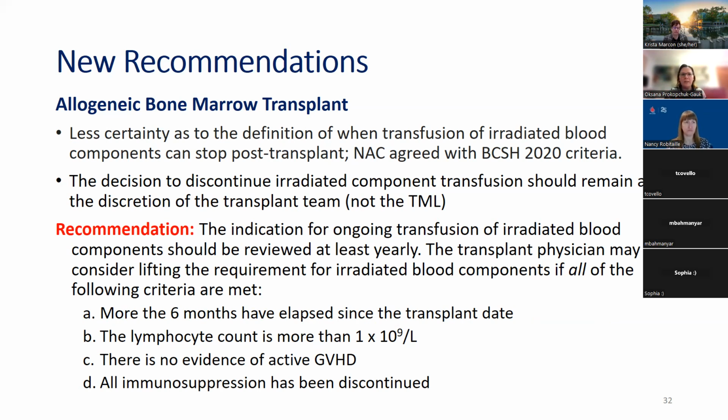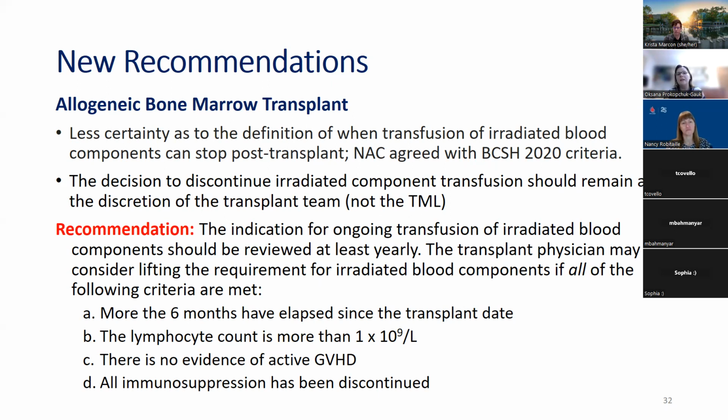So the British had outlined some very specific criteria about when, at least a year post-transplant, if specific criteria are met, then there could be considerations for lifting the need for irradiated blood transfusion. So this would be, for example, if more than 6 months have elapsed since the transplant date itself, if the lymphocyte count was more than 1, if there was no evidence of TA-GVHD, and if all immune suppression was discontinued.